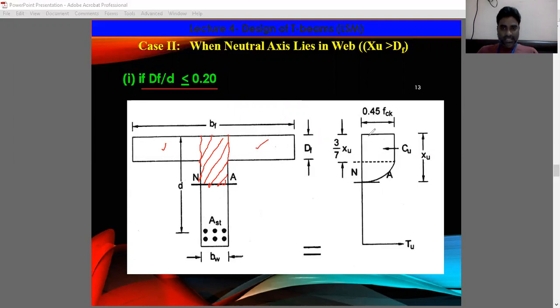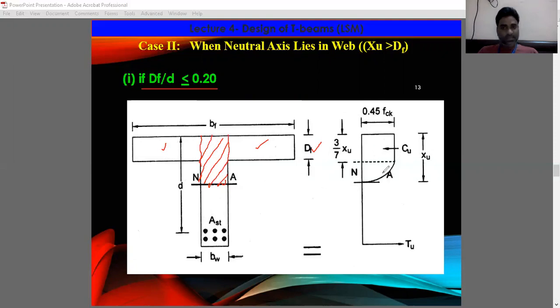So how to calculate the compressive force taken by these two flanges? The average stress is the same, 0.45 fck into (Bf minus Bw). That means for this portion you get the distance from here to here and here to here. So (Bf minus Bw) into Df gives you the compressive force taken by these two flanges, right? Then the compressive force taken by this web can be calculated.